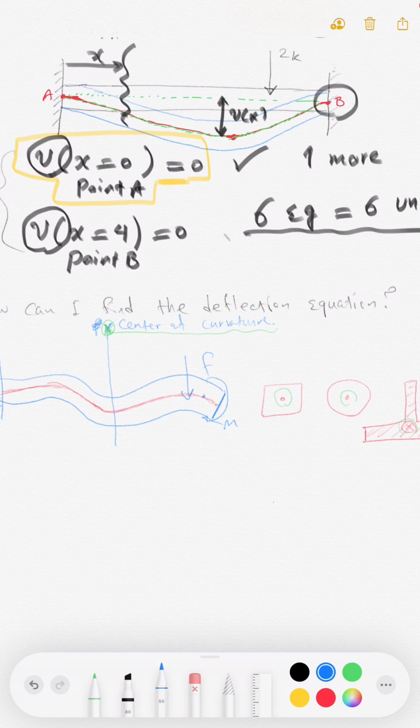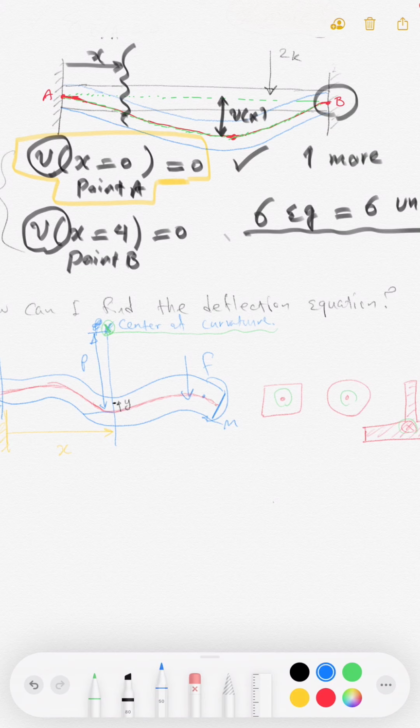So we can also study this center of curvature, and let's say from here to here is the radius of curvature rho, and also let's consider a point here located at a distance y with respect to the neutral axis, and let's also consider a point on it. In addition, let's say this point is x from the left, at location x.